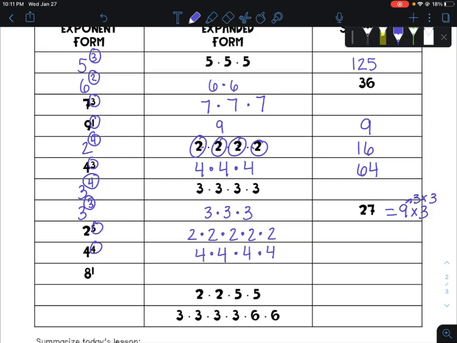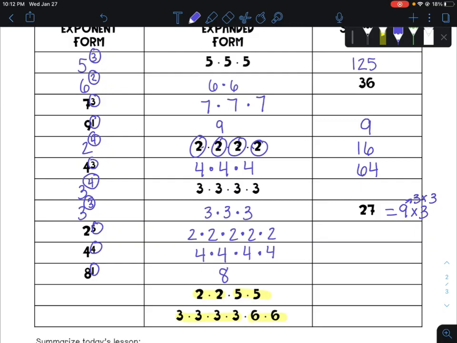Okay, 8 to the first, just 8. 8 multiplied once. There's nothing to multiply it by. It's just 8. Okay, now these next two have kind of like combinations. So you're going to do them in pieces. You're basically going to count up how many times each different number got multiplied.